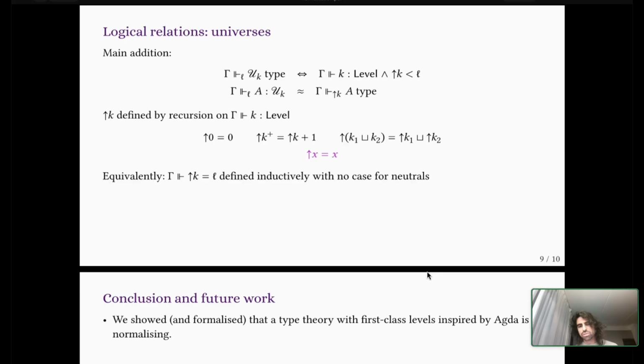So Agda never unfolds that definition. So basically, all that matters is the other cases. So if you have a neutral and you take the realizer of K plus, you will get 1 plus the realizer of K, but the actual value of the realizer of K doesn't matter in any way.